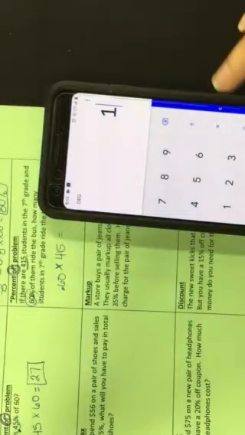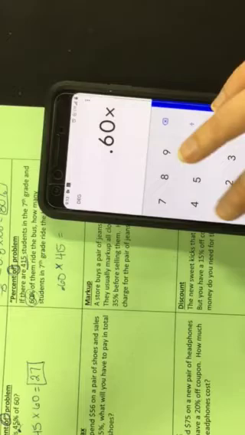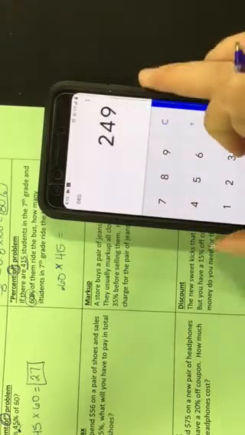Always move the decimal 2 places to the left. So when it's a 2-digit number, it's going to go out front. I'm going to multiply that 60% by 415 students. This is where my calculator comes in handy. 0.60 times 415 equals 249 students.